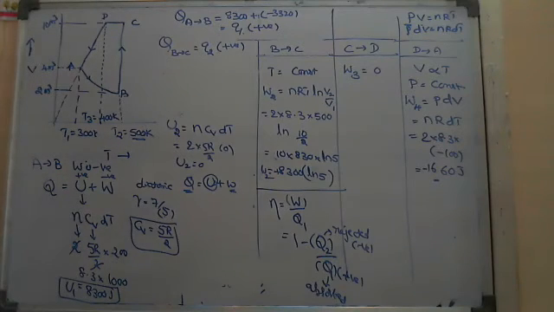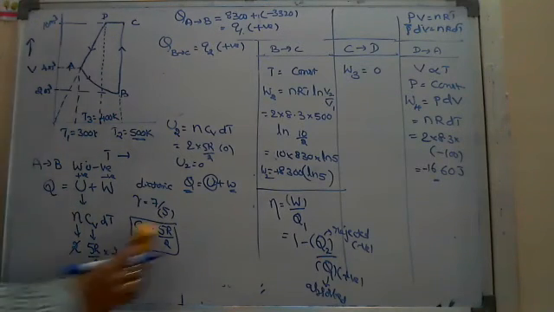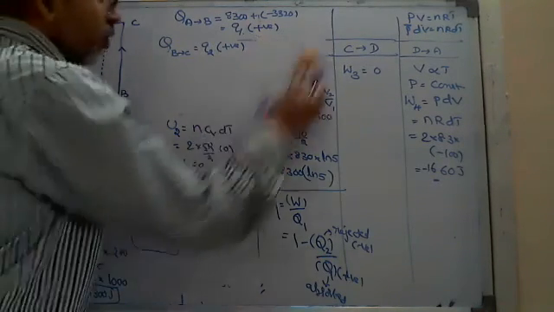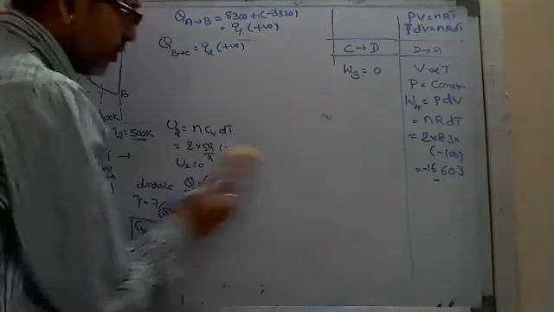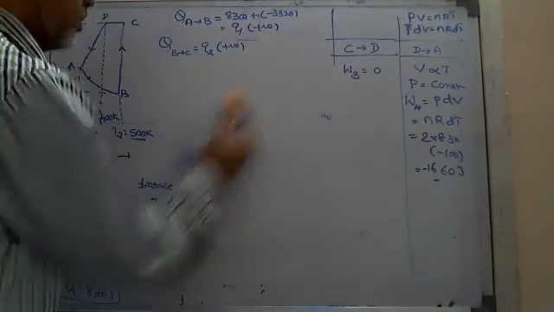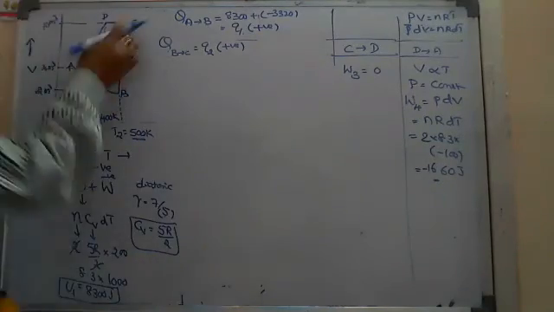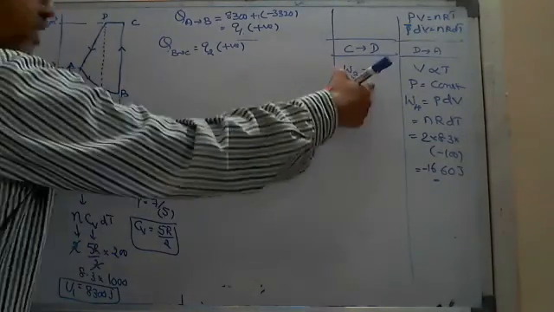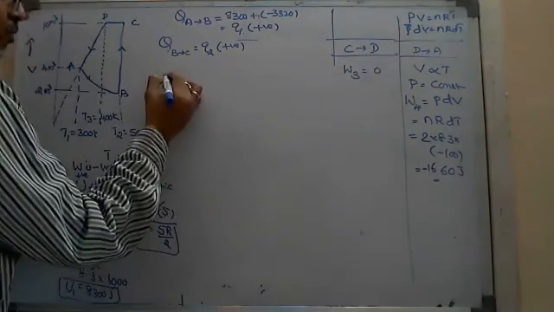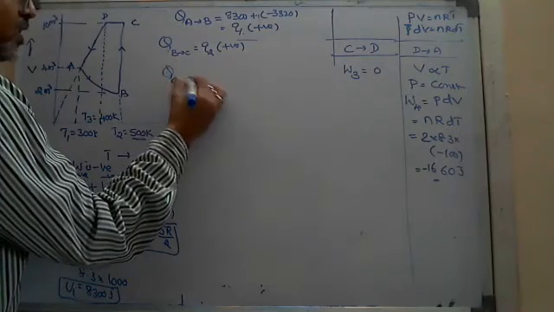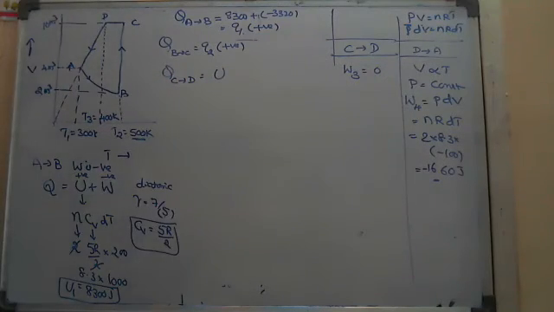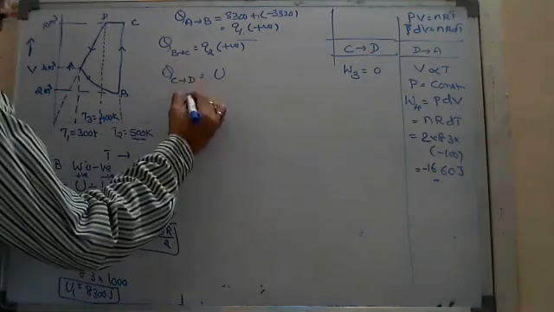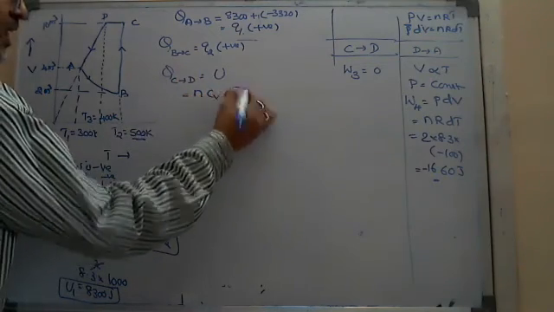And then C to D. B to C part is also over, erasing here. C to D, work done is 0. That's why from C to D, straight away I can write the internal energy as NCV dt.